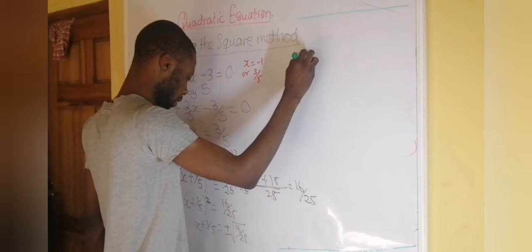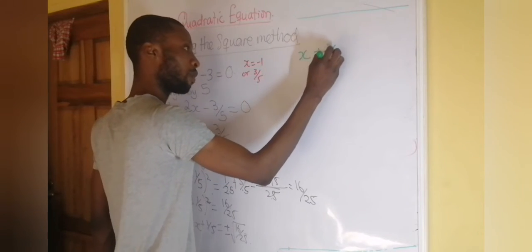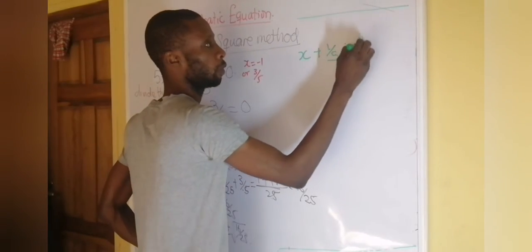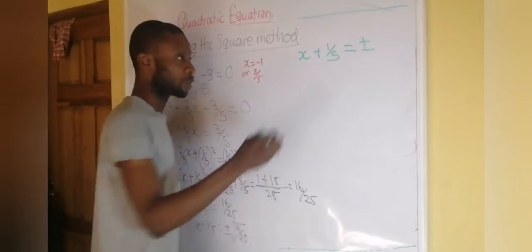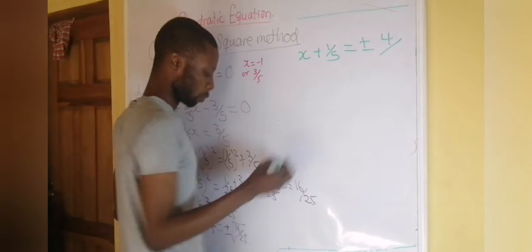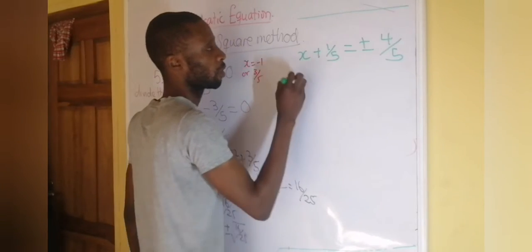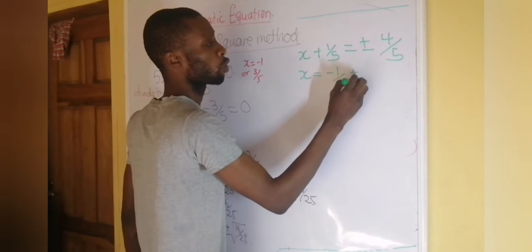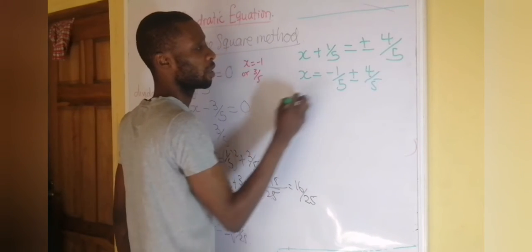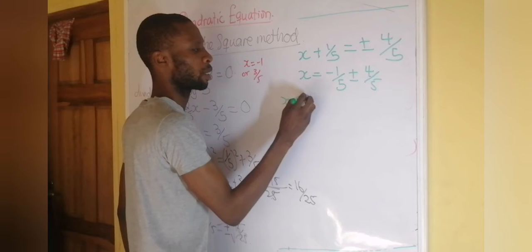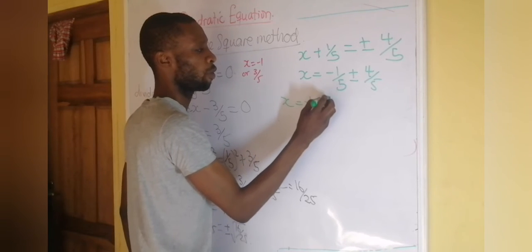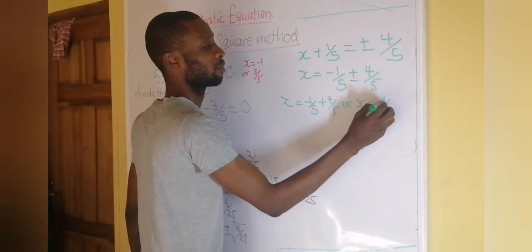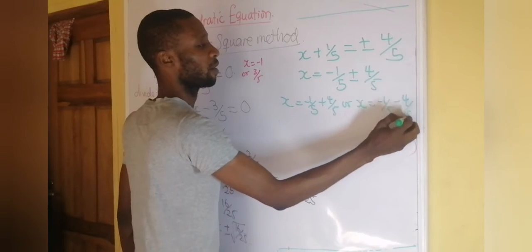So we have x plus 1 over 5 is equal to plus or minus square root of 16, 4, square root of 25, 5. So x is equal to minus 1 over 5 plus or minus 4 over 5. So x is equal to minus 1 over 5 plus 4 over 5, or x is equal to minus 1 over 5 minus 4 over 5.